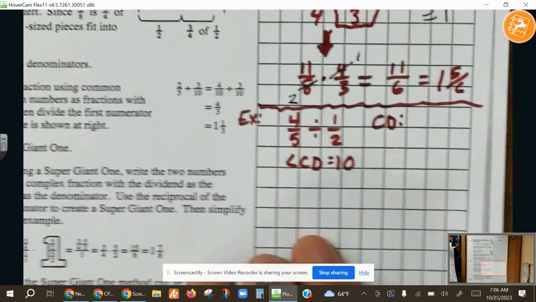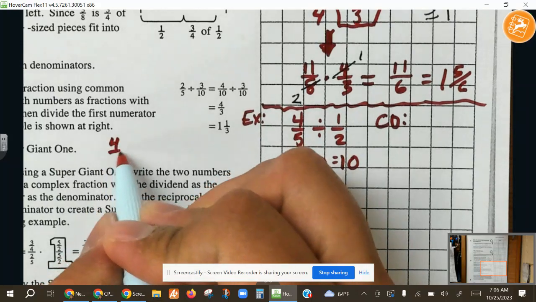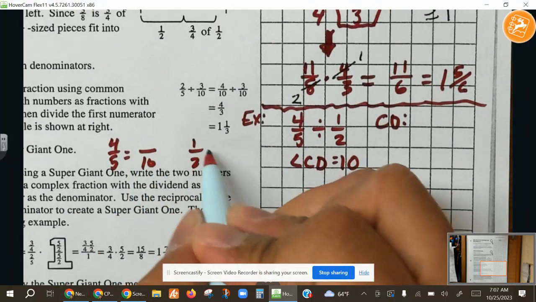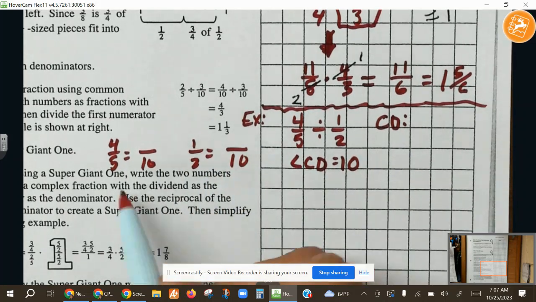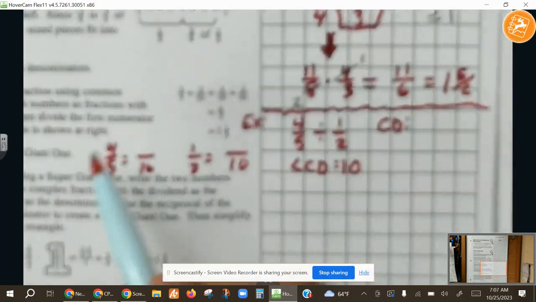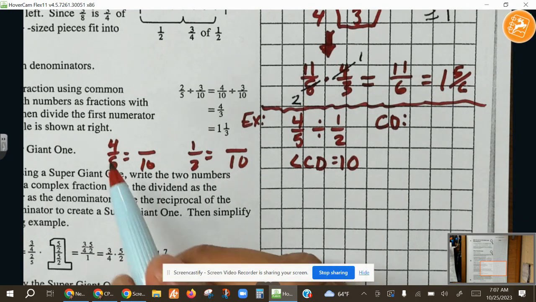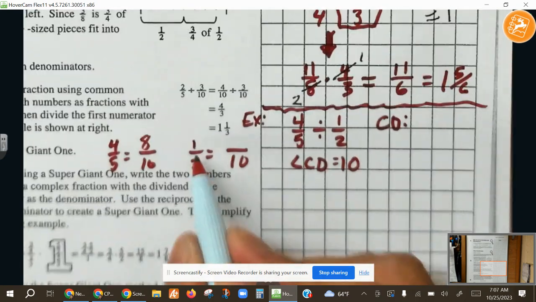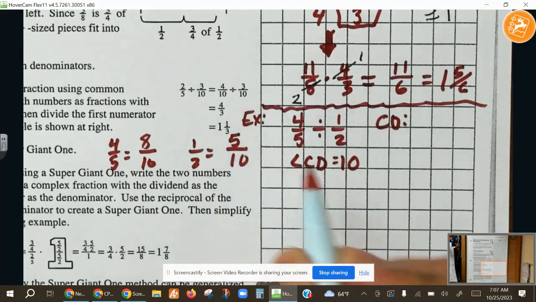Okay, so what we're going to do here is 4/5 equals what over 10, and then 1/2 equals what over 10. Use your giant 1. So times 2 times 2, this is 8, times 5 times 5, this is 5.